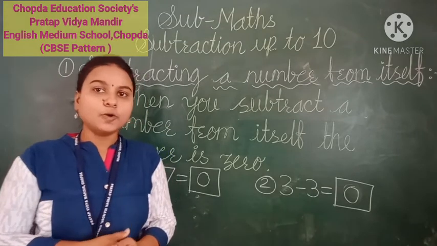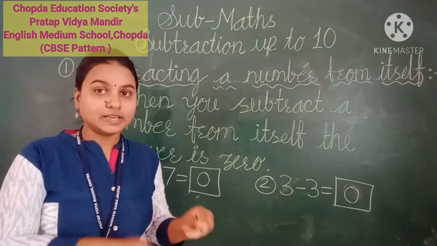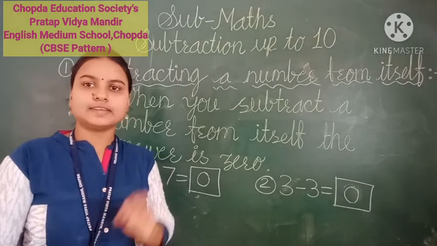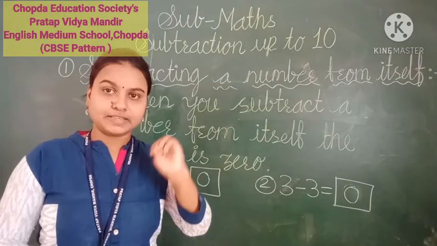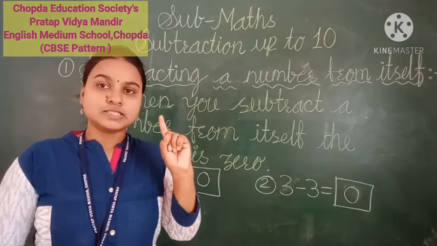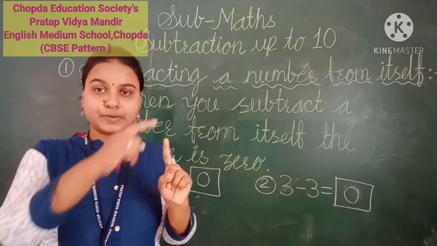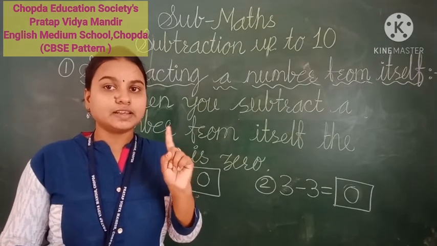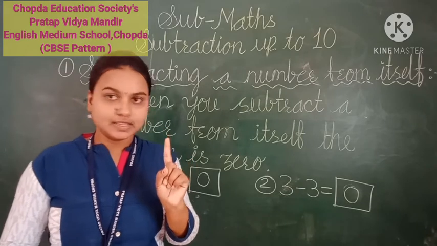Dear students, we learned three properties of subtraction. The first property is subtracting 0: when we subtract 0 from any number, the number itself is the answer.